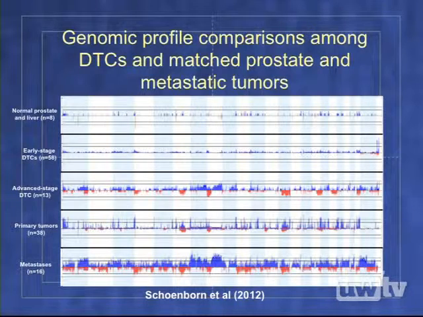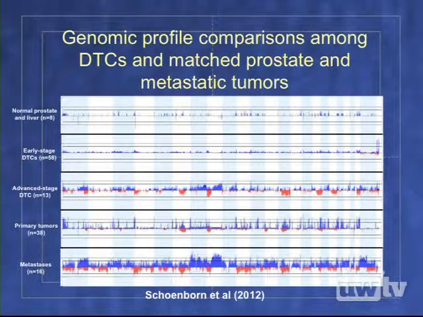So here's a summary image. This is a normal control, normal prostate and liver control from patients. So you just see some common copy number variations. Then early stage DTCs, you see very few events. Advanced stage DTCs, you see a lot more events, very much similar to those of the metastatic samples.